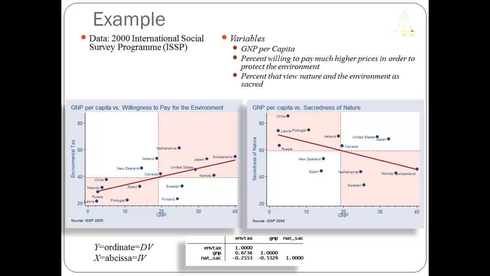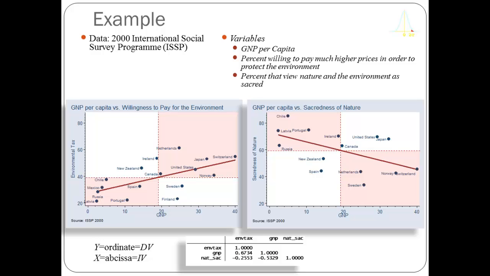The shaded areas represent the diagonals, and they show that in the example on the left there are a lot of cases in the upper right quadrant and the lower left quadrant. And what that means is that's consistent with a positive correlation.